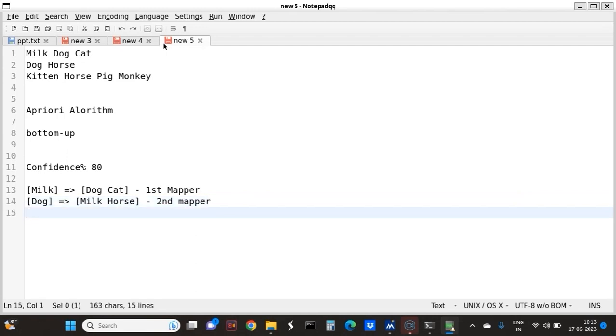Now after that I will search for cat. In that, cat has only one row, so milk and dog are associated with cat. So this is done by the first mapper.